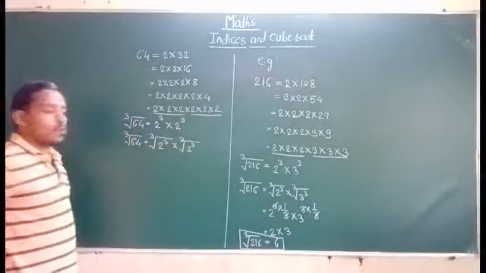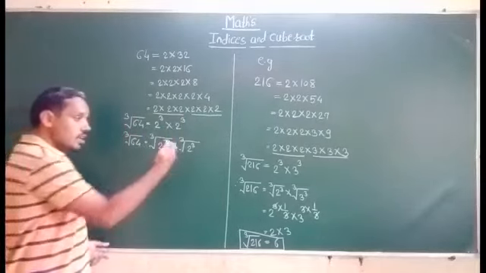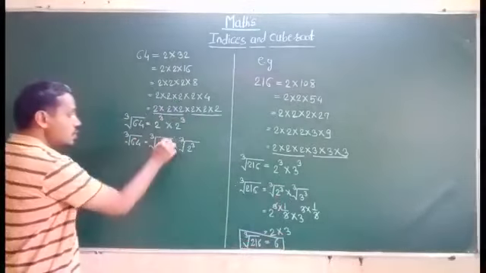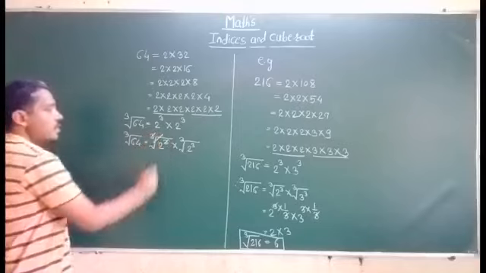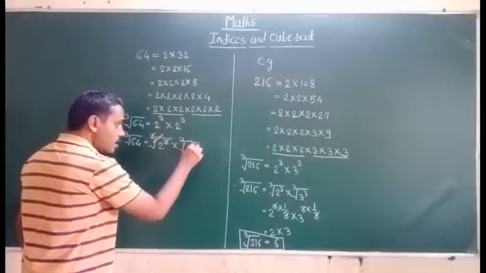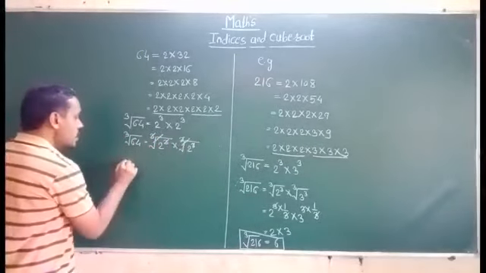When we remove the radical sign and the 3, we cut the 3 and the radical sign, and again we cut the 3 and the radical sign.